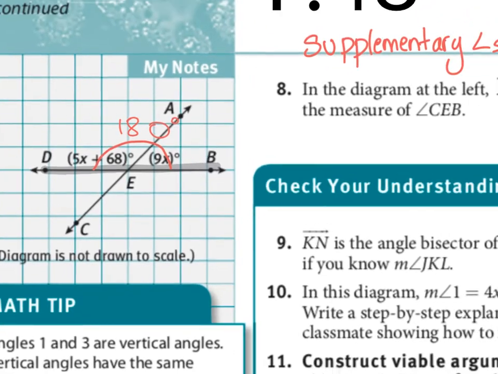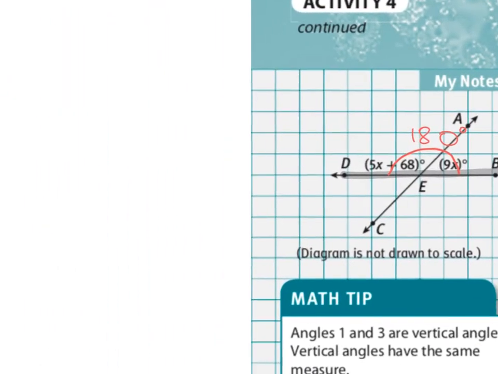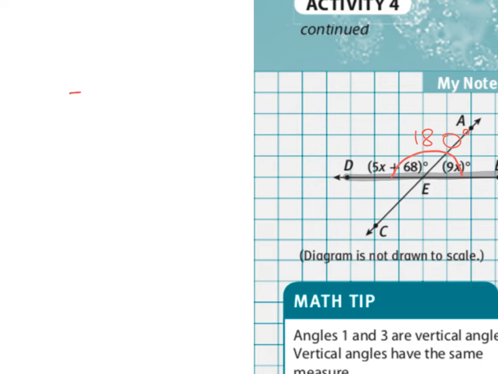So if I set up the equation, so let me write over here, 5x plus 68 plus 9x, so if I add up those two angles, I should get 180 degrees. So that's an equation I can solve, and I can find x.